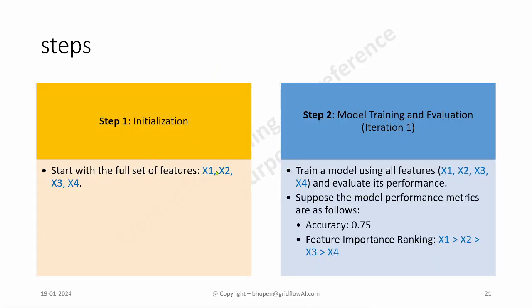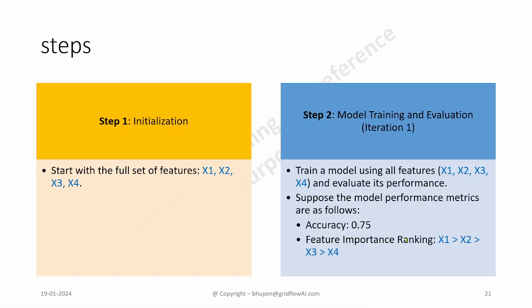So we're going to start with all the features here and then train the model. Let's say you got the accuracy of 0.75. Now feature ranking is required at this step. Let's say you ran random forests, and the random forest provides you the feature importance, and then you rank it.